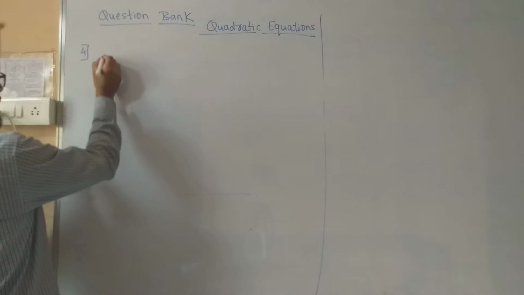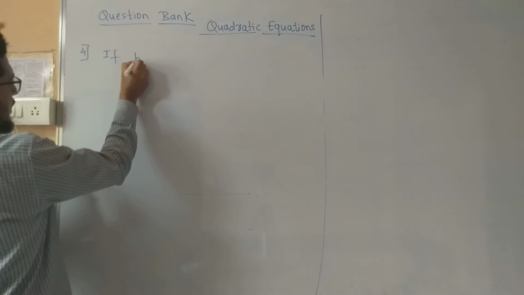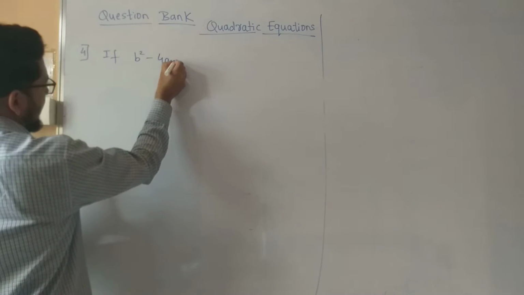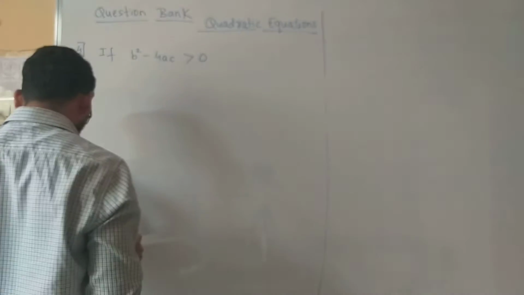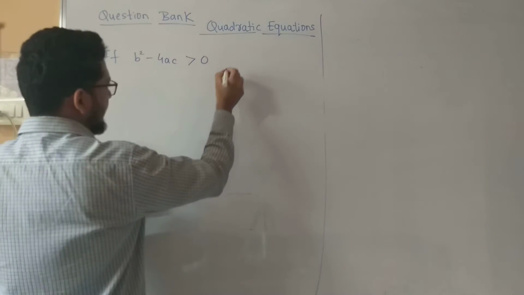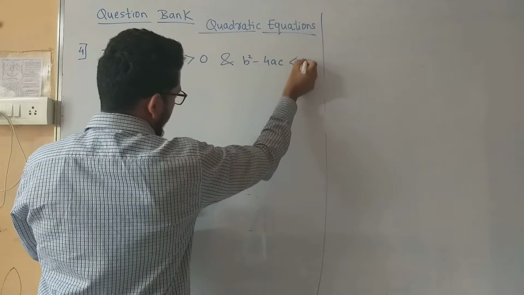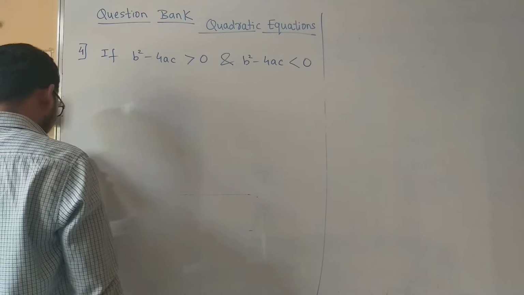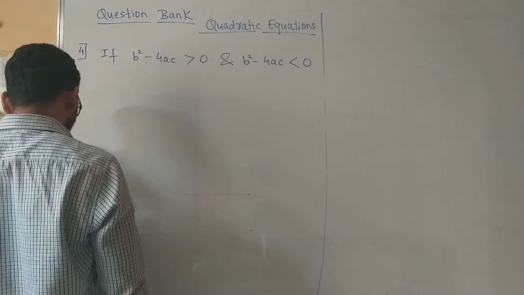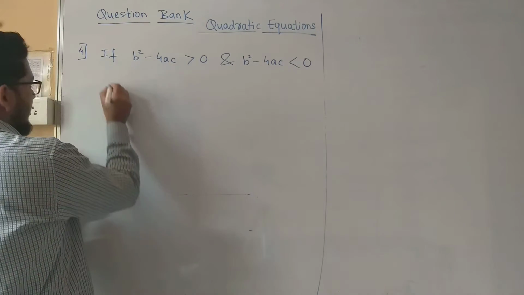If b square minus 4ac is greater than 0, and b square minus 4ac is less than 0, then write the nature of the roots of the given quadratic equation in each case.